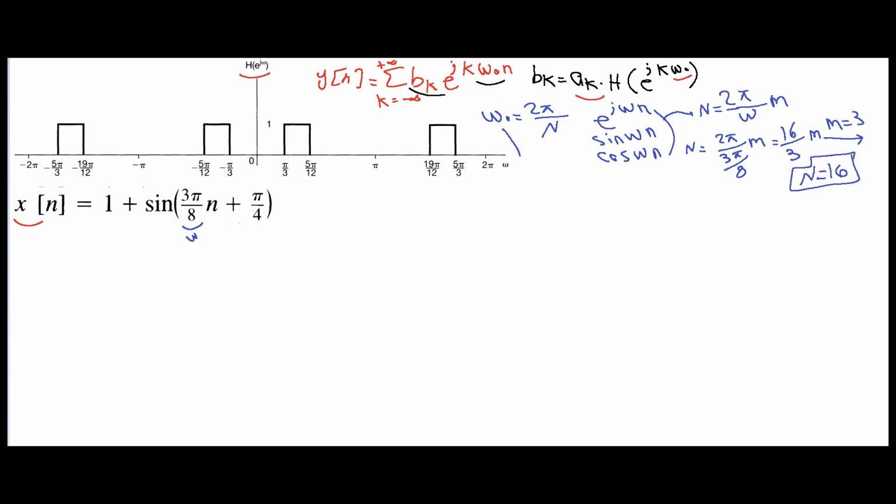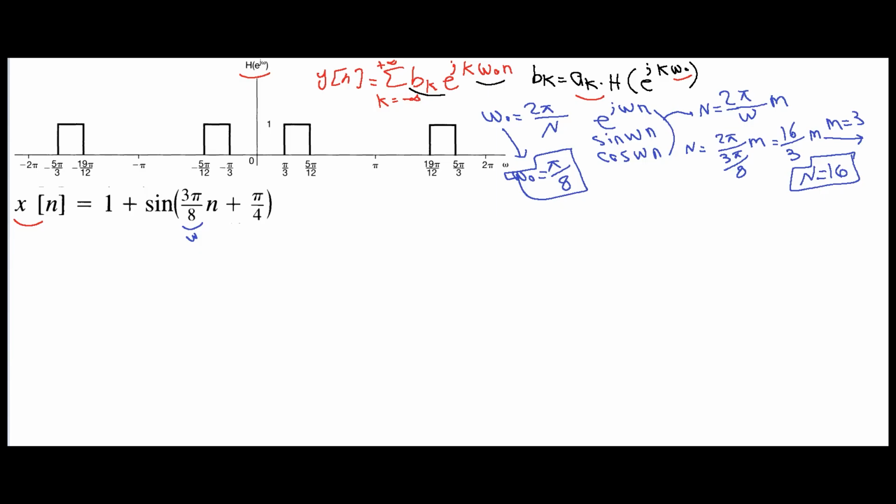So the fundamental period becomes N equals 16. Therefore, ω0 equals 2π divided by 16, which is π over 8.